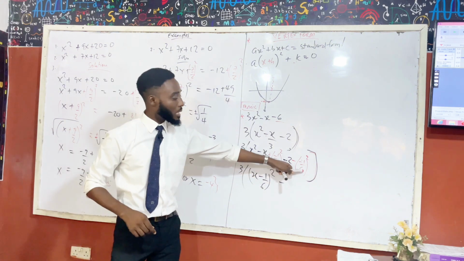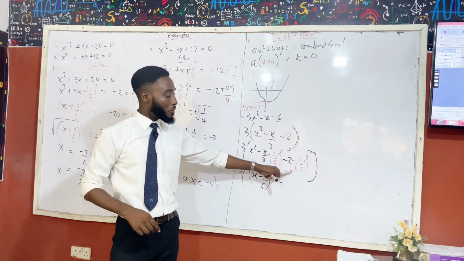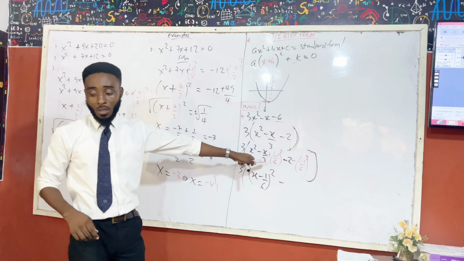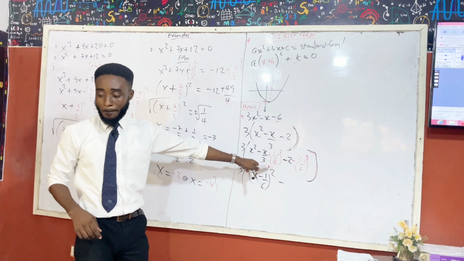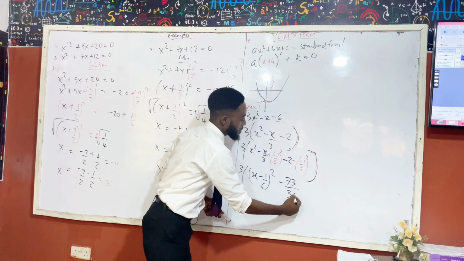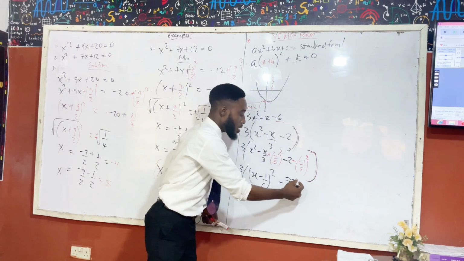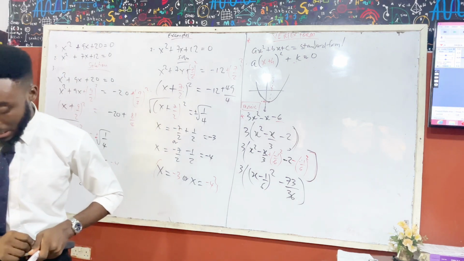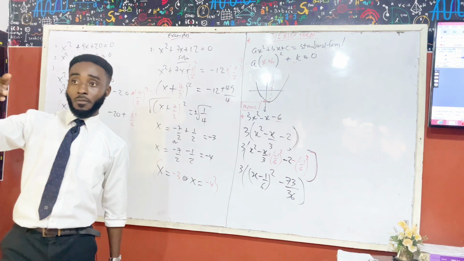Just feed this in the calculator and let me know. Remember the square here will affect this. It will become 73. So minus 73 on 36. Who else also got minus 73 on 36? You all got that? Okay.